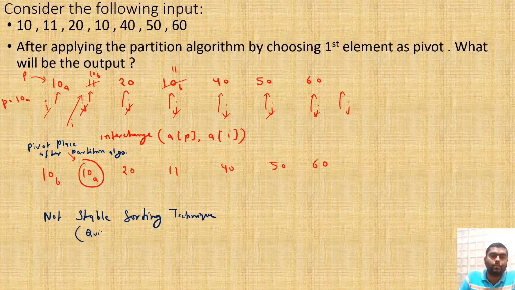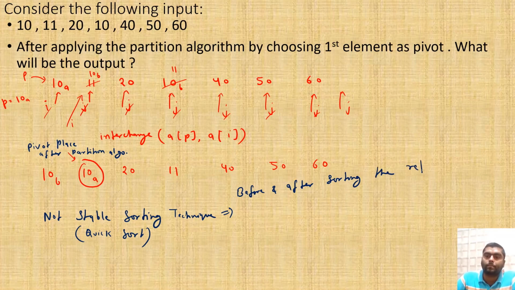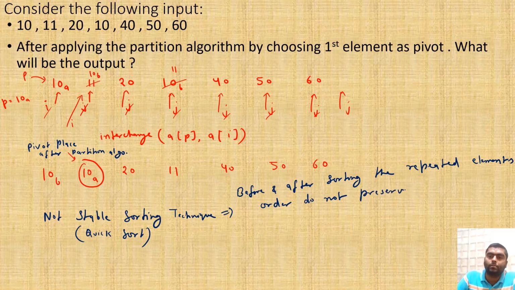Which one? Quick sort, because this partition algorithm is used in the quick sort algorithm. Why? Because before and after sorting, the order of the repeated elements is not preserved, or otherwise I am saying it is not the same.